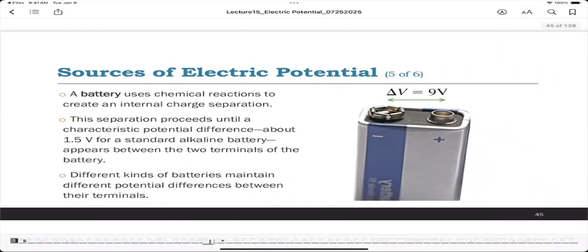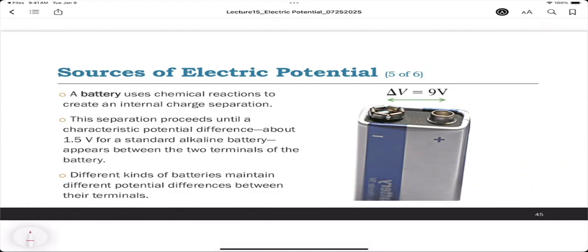A battery uses chemical reactions to create internal charge separation. This separation proceeds until a characteristic potential difference, about 1.5 volts for a standard alkaline battery, appears between the two terminals of the battery.